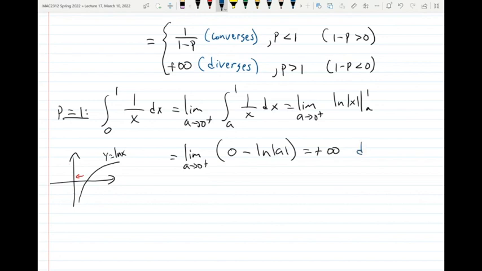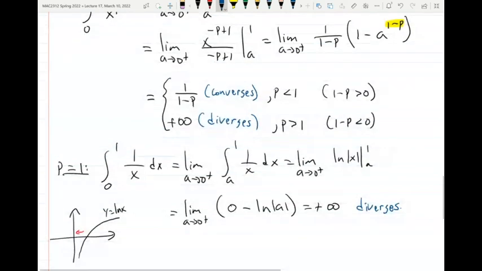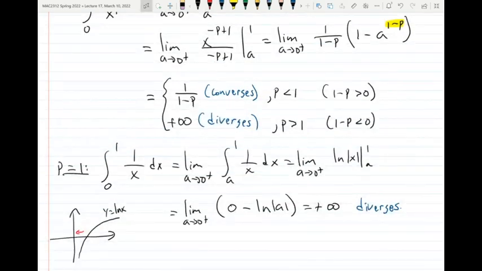Bottom line, it diverges. So at 1, both of them diverge. When p is equal to 1, both of them diverge. But then in the other cases, they are switched. So for type 2, the summary is: it converges for p less than 1 and diverges for p greater than or equal to 1.